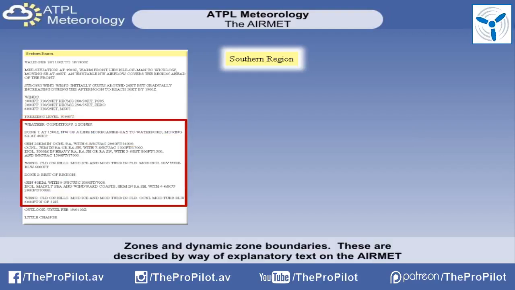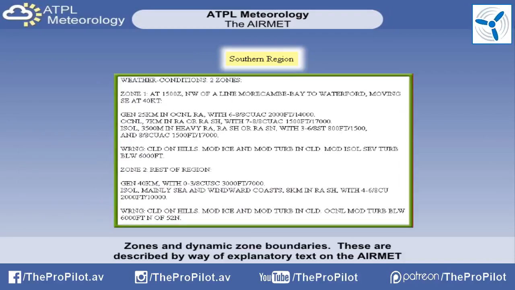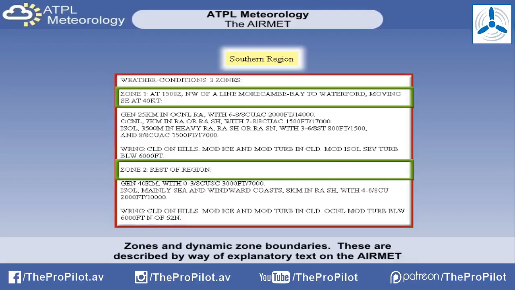The main section of text, which appears immediately below the freezing level, is a description of the weather conditions forecast for the AirMet region. This region is often broken up into distinct zones, with different weather assigned to each zone area. In our example, we have 2 zones.